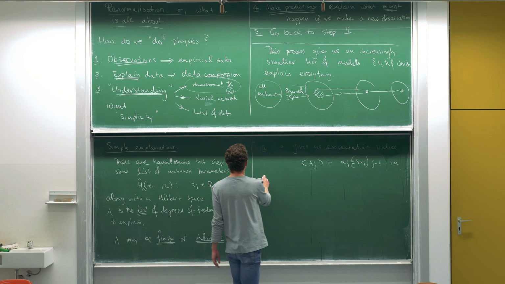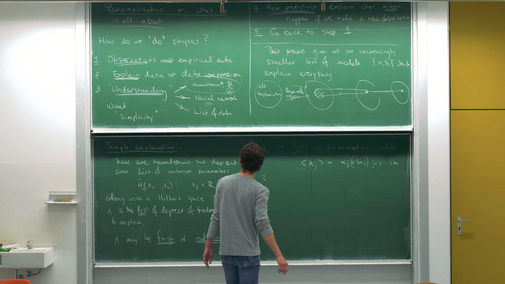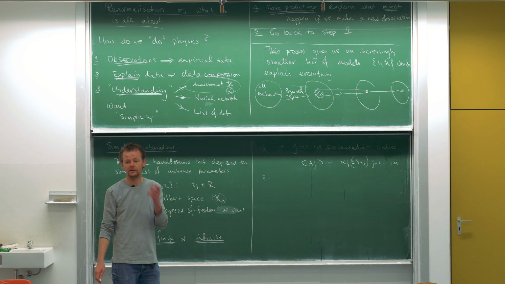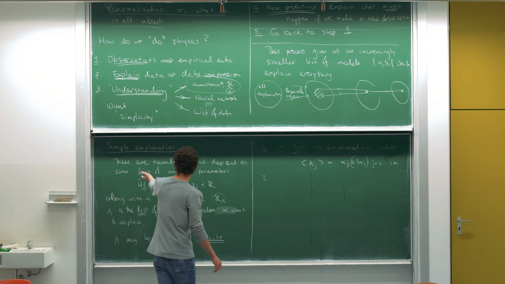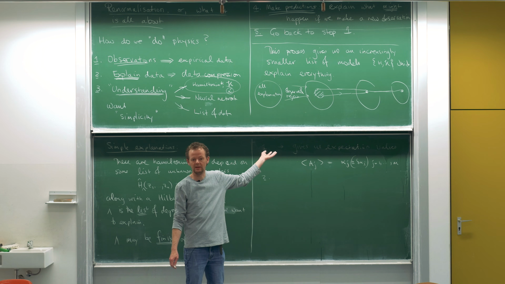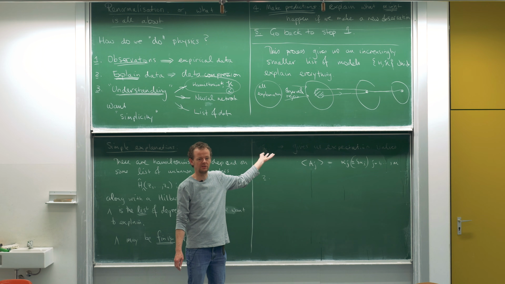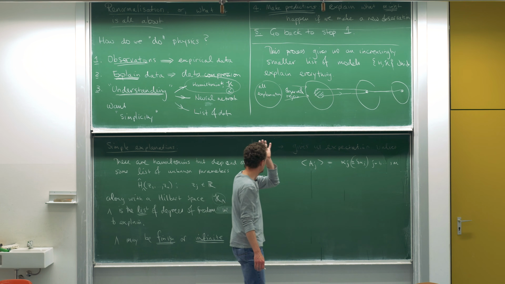And then we want to explain the data. We want to understand it. How do we do that? Okay, well, we take all the models that we have that haven't been yet rejected, see what they would predict, and try and match that data.